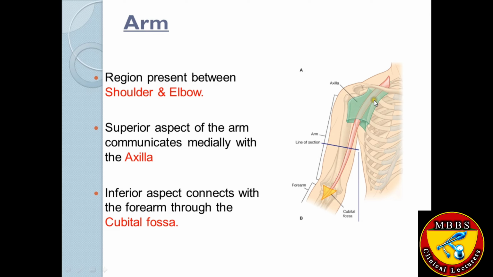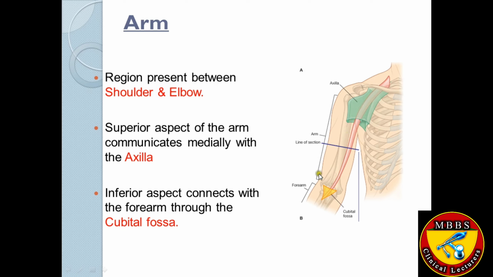Now you know that the arm is the region present between the shoulder and the elbow. This part of the upper limb is called the arm. The arm communicates superiorly with the axilla. You can clearly see in the figure that the superior aspect of the arm communicates medially with the axilla. The nerves and the vessels pass into the arm first by passing through the axilla.